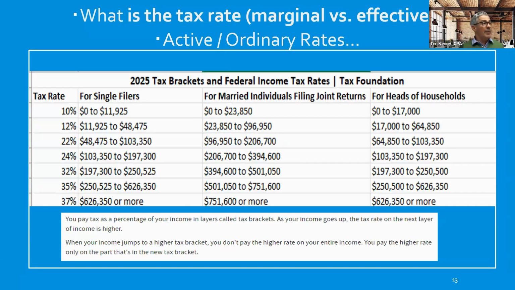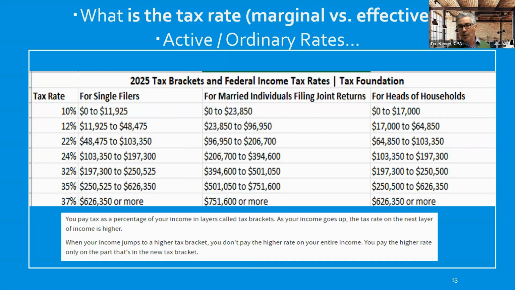So speaking of the marginal rates, what we're looking at on the screen are the marginal rates for 2025. And you can see my point that the more you make, the more you pay. It varies by your filing status.